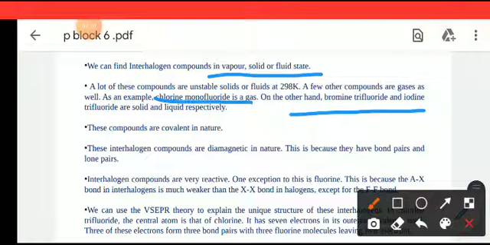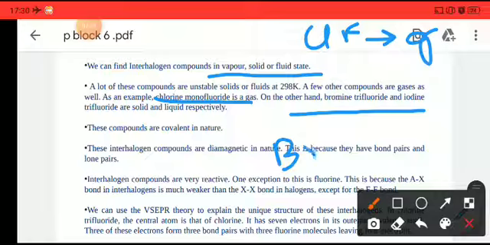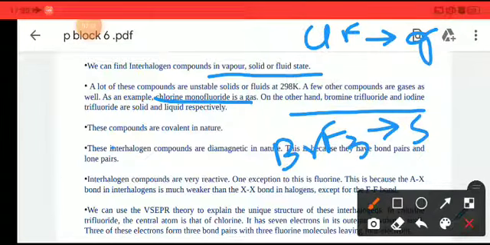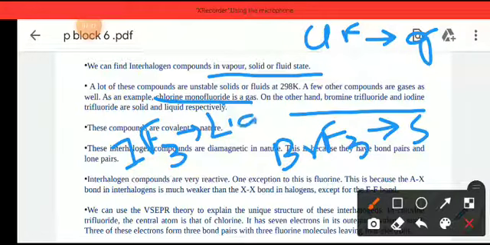So chlorine monofluoride, ClF, is a gas. On the other hand, bromine trifluoride, BrF3, is a solid, and iodine trifluoride, IF3, is a liquid. So they can exist in solid, liquid or gas form.